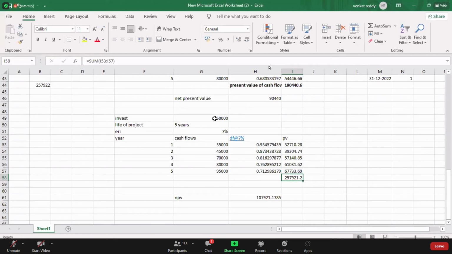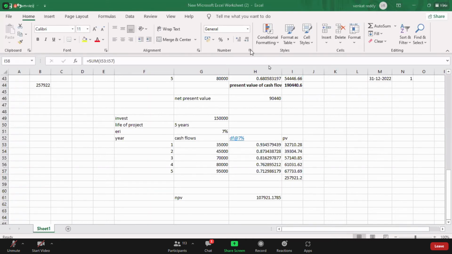Break-even point means the project has the capacity only to return your initial investment. That's it. It is not generating any surplus returns to the entity. That is known as the break-even point. It means the present value of the cash inflows is equal to the initial investment.